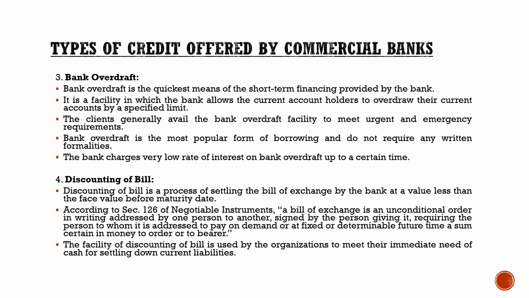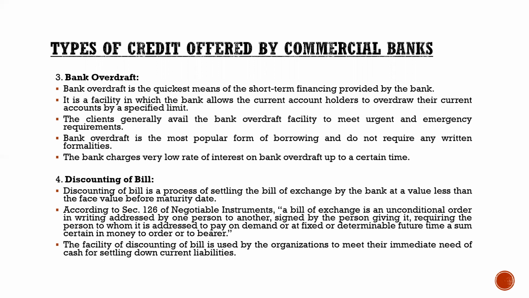Next, discounting of bills. Discounting of bills is a process of settling the bill of exchange by the bank at a value less than the face value before the maturity date. According to Section 126 of the Negotiable Instruments Act, a bill of exchange is an unconditional order in writing addressed by one person to another, signed by the person giving it, requiring the person to whom it is addressed to pay on demand or at a fixed or determinable future time a sum certain in money to order or a bearer.